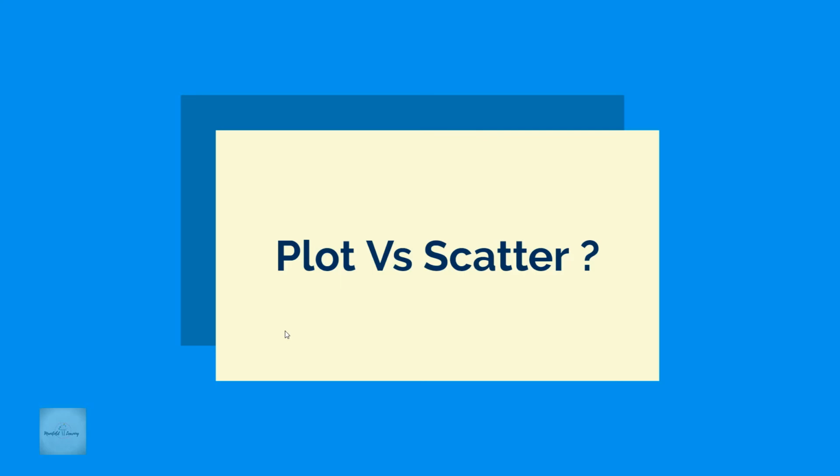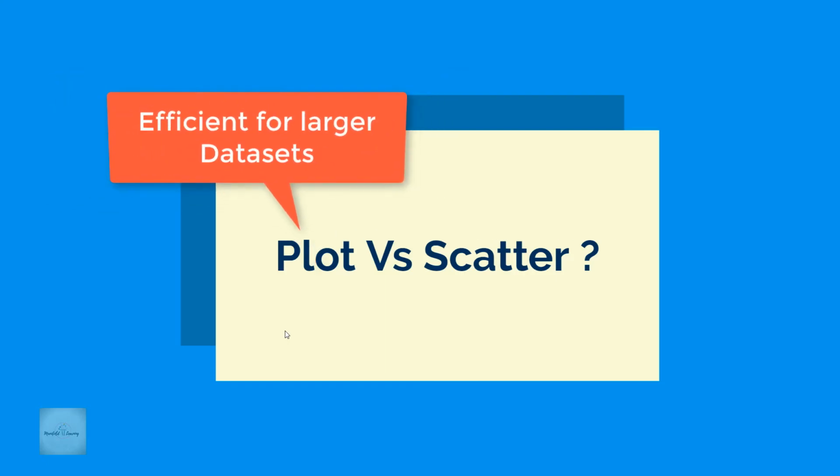What will be the answer for this? Guys, it really doesn't matter if we have a small amount of data. You can use either of the two. But when the datasets get larger than a few thousand points, then the plt.plot function can be more efficient than plt.scatter.